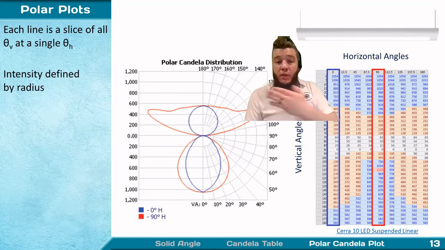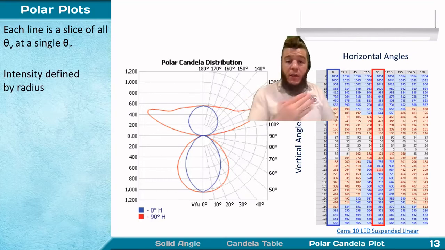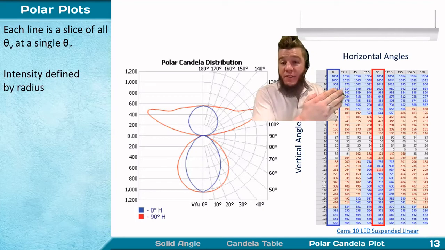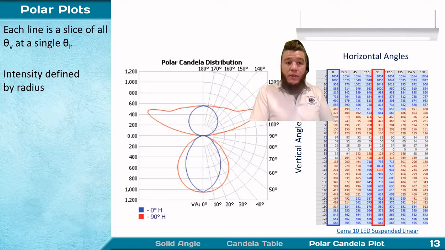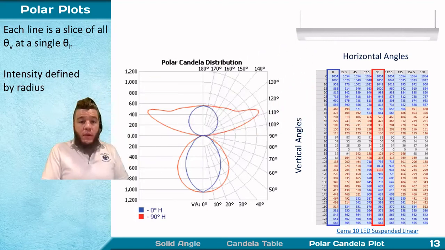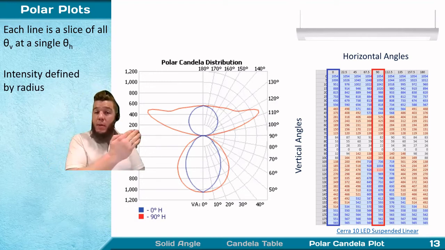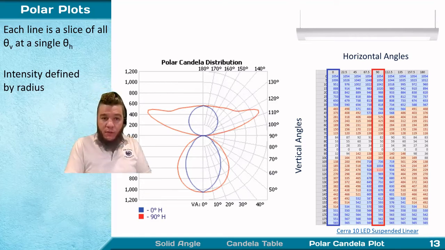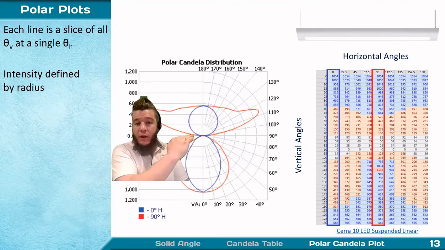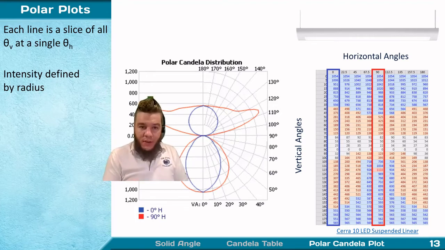So you can see the red line over here is going to be found on this table along the 90-degree horizontal column. So that's where you can look up these values directly. And also with this plot, importantly, remember, we're not representing horizontal angles here. What the radius of this plot, or the distance from the origin right here, is representing is actually intensity.